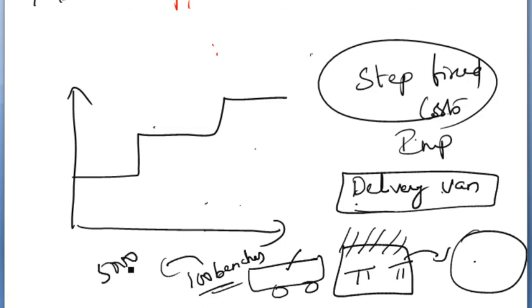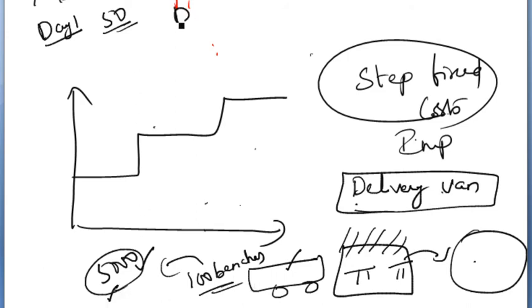So let's say on day one, you have manufactured 50 benches. How many vans do you need? One van, and the expenditure will be 5,000. Day two, you went with 90 benches. You need one van, and your expenditure will be 5,000.